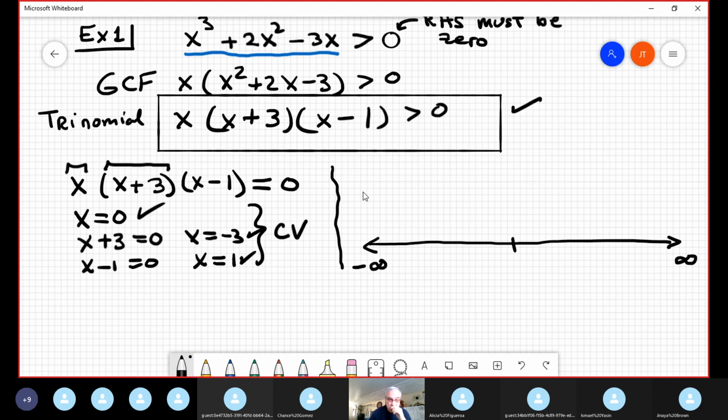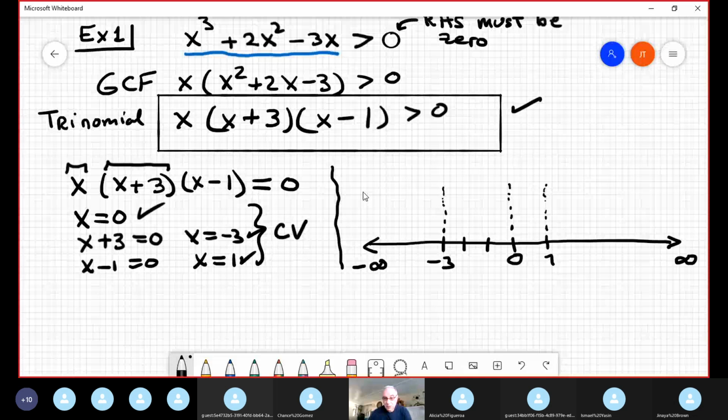So this is 0 in the middle, negative 3 is here, and positive 1. So we have 3 partitions because we have 3 critical values, and these generate 4 intervals. One interval is from negative infinity to negative 3, another from negative 3 to 0, another from 0 to 1, and the last interval is 1 to infinity.